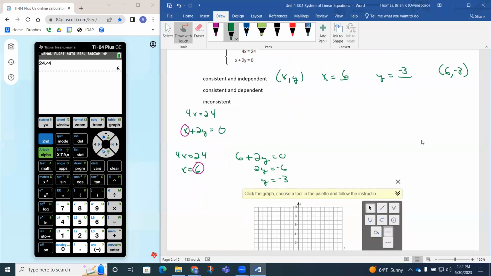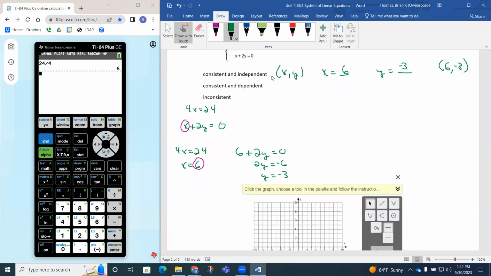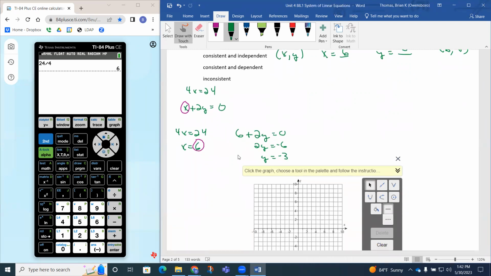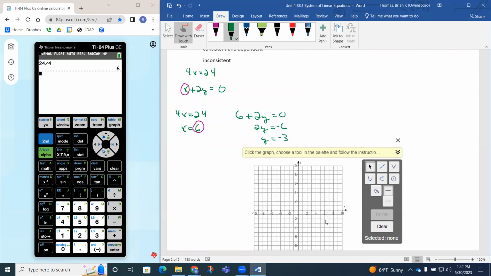So if I want to graph these two lines, 4x equals 24, notice how x equals 6 would be a way to graph that. We have (6, -3) as one ordered pair.